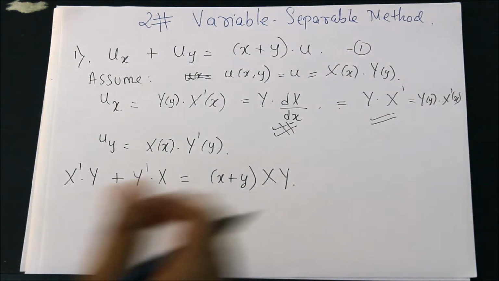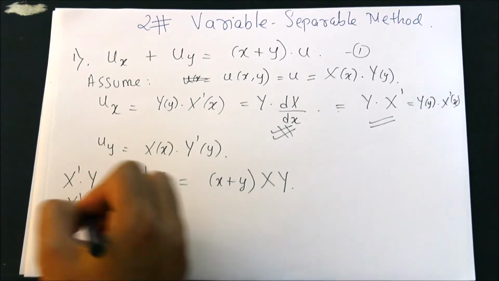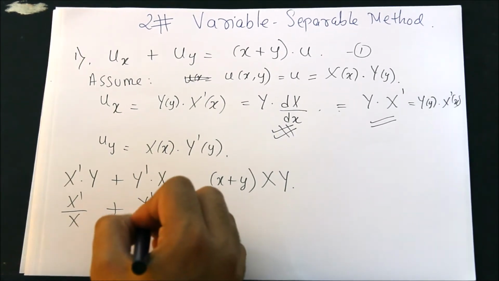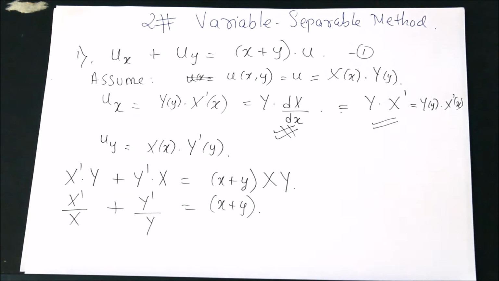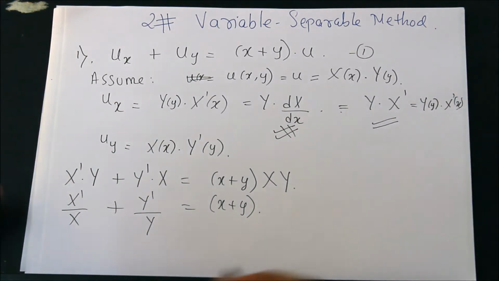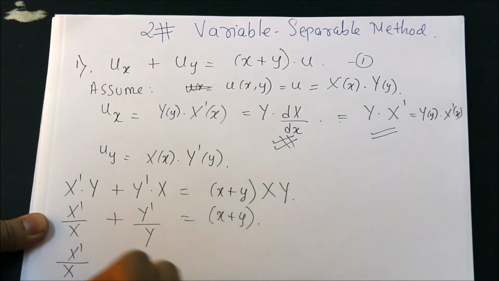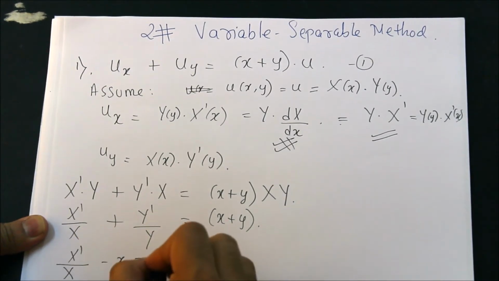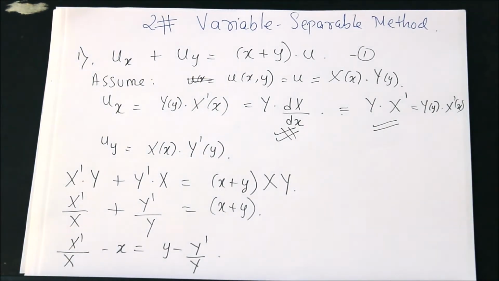When I divide this by XY, I get X dash upon X plus Y dash upon Y equals x plus y. One can rearrange: X dash upon X minus x equals y minus Y dash upon Y.